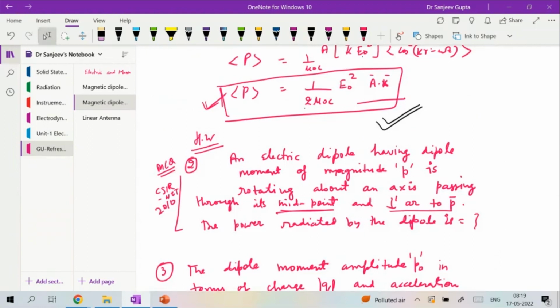You can do them whenever you have time. For example, an electric dipole having dipole moment of magnitude p is rotating about an axis that passes through its midpoint and is perpendicular to p. You have to calculate the power radiated by the dipole.